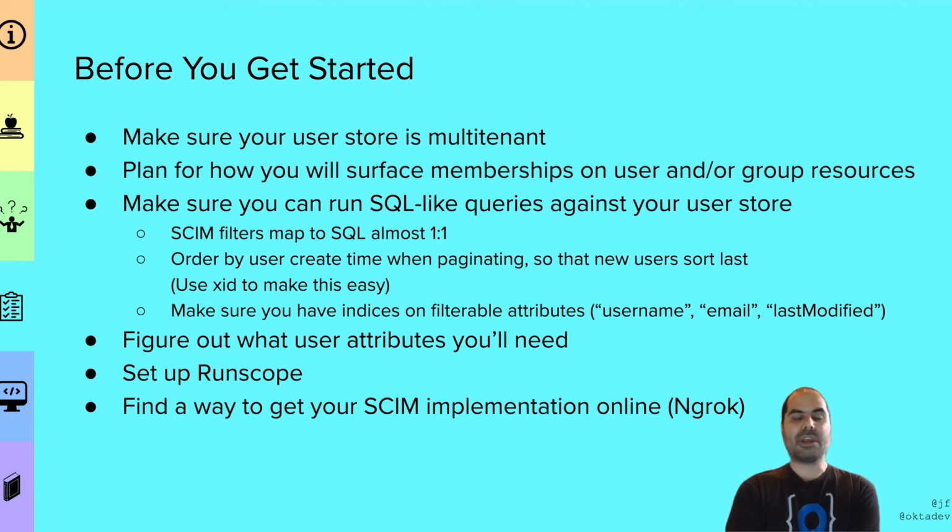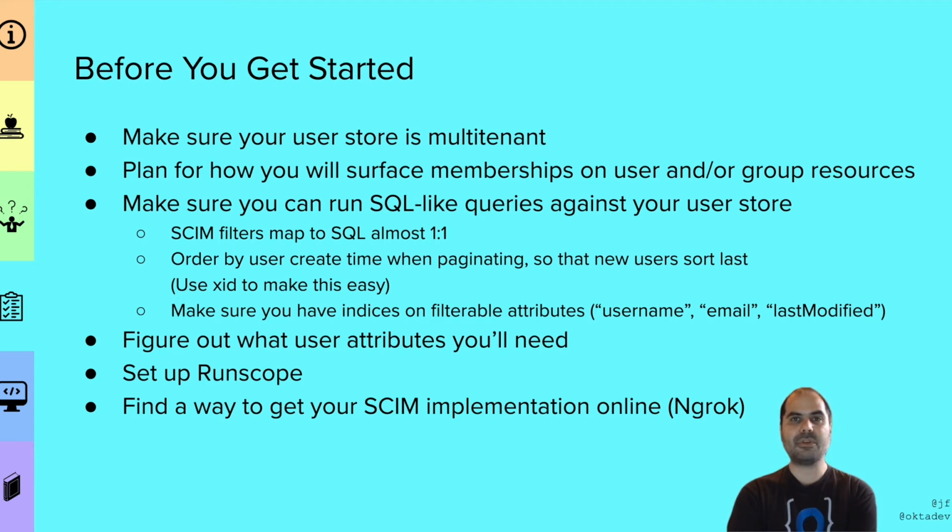Now, the thing that got me, and that I ended up wishing I had spent a little bit more time up front learning about, was that you're going to need to be able to handle queries, in particular, filtered requests. If you've got a database like MySQL or Postgres, you have that for free.